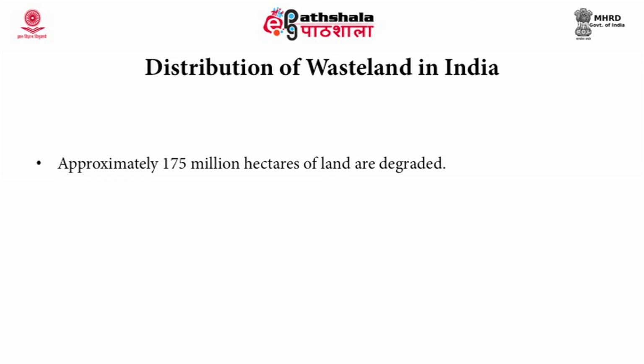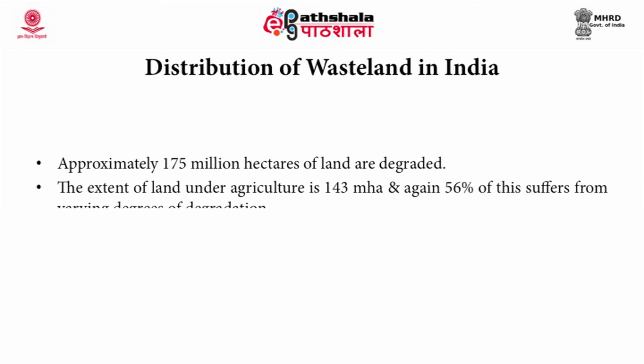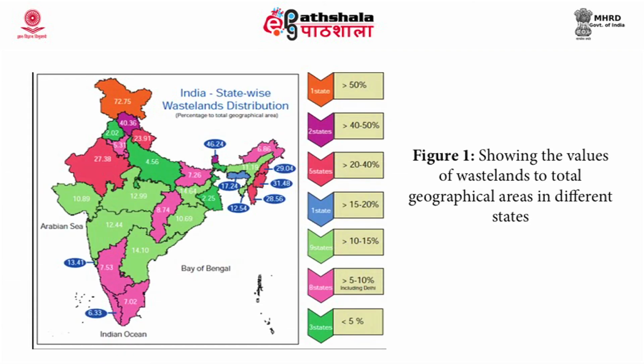Approximately 175 million hectares of land is degraded. The extent of land under agriculture is 143 million hectares, and again 56% of this suffers from varying degrees of degradation. This figure shows the values of wastelands to total geographical area in different states. As you can see, there is one state where the degradation is more than 50%, although it needs to be mentioned here that the state of Jammu and Kashmir has not been surveyed completely due to various areas being inaccessible.